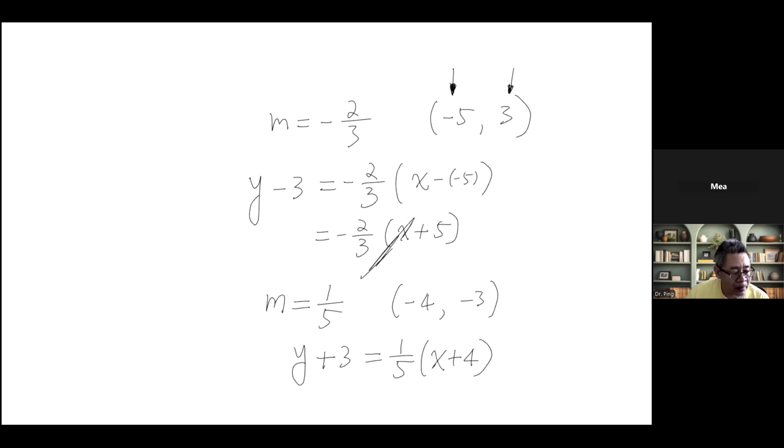Okay, let's do, what do we have? The slope is -2 and the point is -1 and 4.